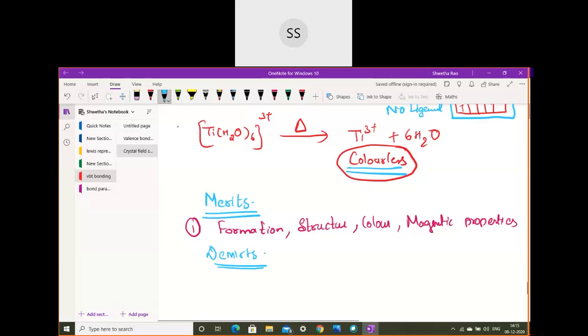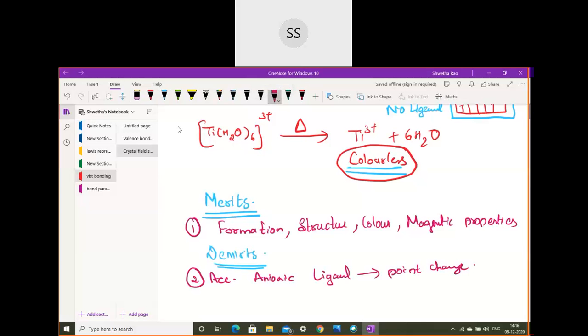And the demerits of this theory are, if you remember the assumption, that the anionic ligands are considered as point charges.